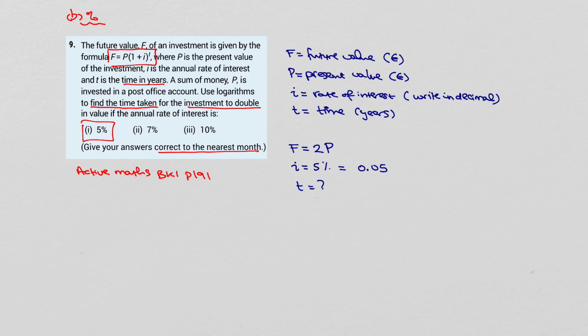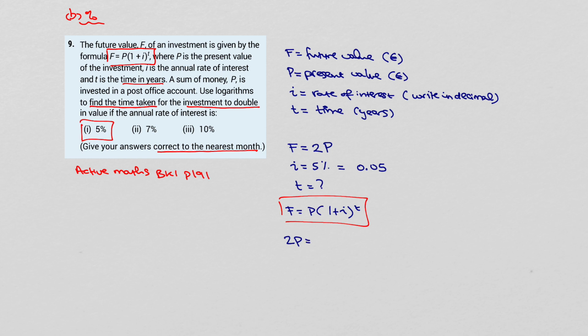So if I sub that into the equation, F equals P by 1 plus i to the power of t. Then F is going to be 2P. P is just P. 1 plus i, well, that's going to be 1 plus 0.05 to the power of t. So like the previous one, we can see that we have an unknown power.